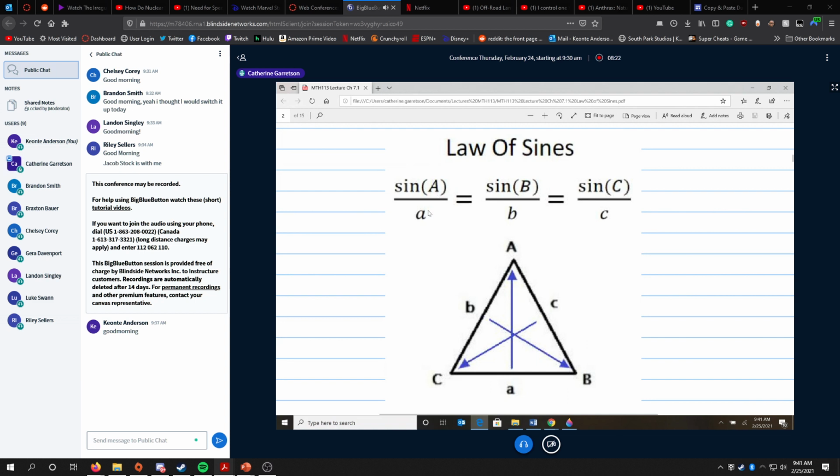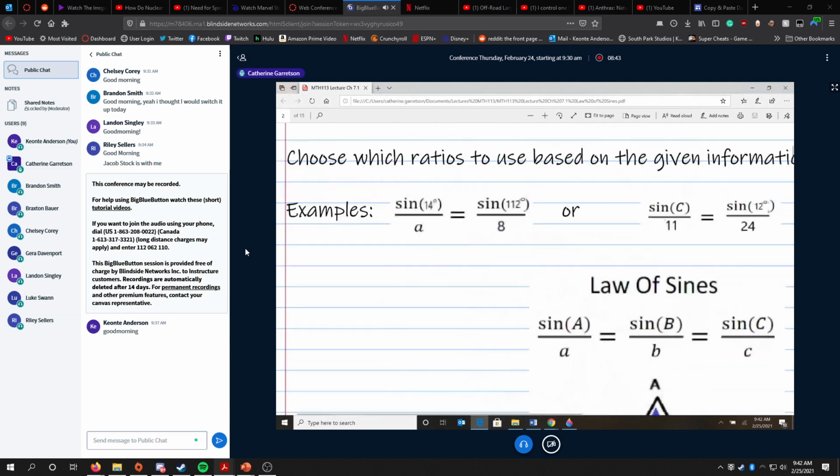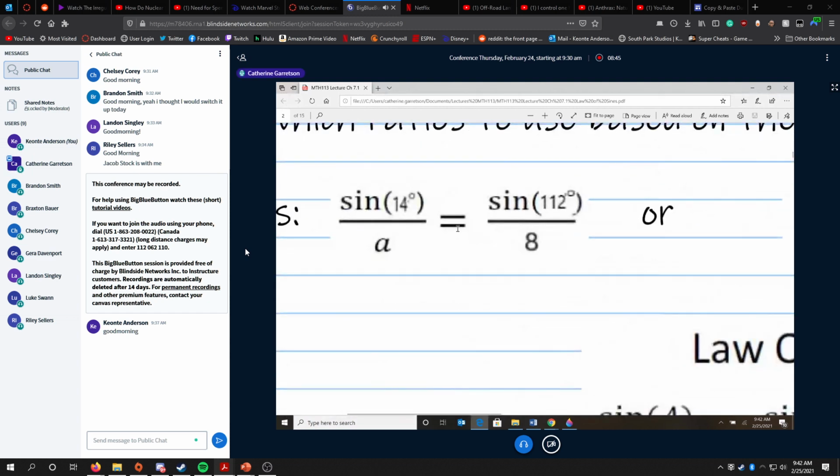So maybe I'm trying to find side A, and I need to know the angle opposite it. And then I need to equate it to an angle that I know and the length of the opposite side we know. So for example, maybe you're trying to find the length of the side A, lowercase a.